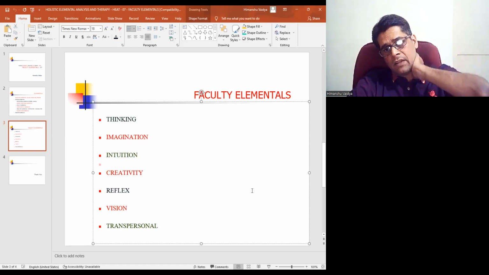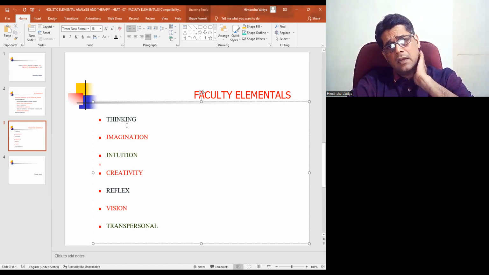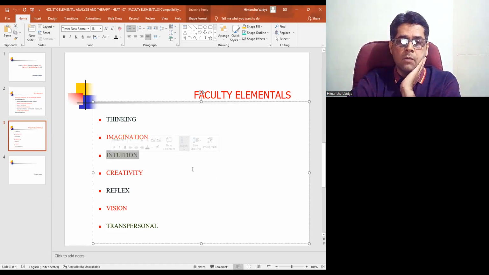So we can have the seven as faculties. These are faculty elementals: thinking, imagination, intuition, which is knowing without going through the regular process of information processing. We just know by intuition.